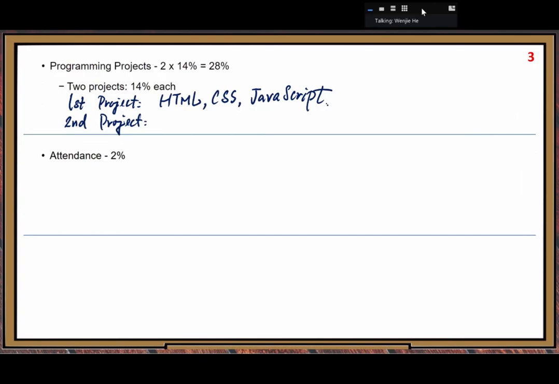Then I will post a discussion board in Canvas, so those students can claim the video attendance in the discussion board after they watch the videos. In this way, nobody should miss any lecture. So that's the attendance part.